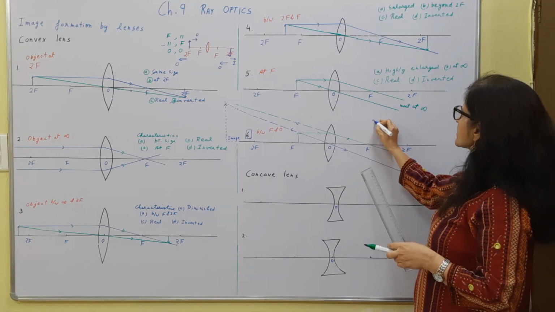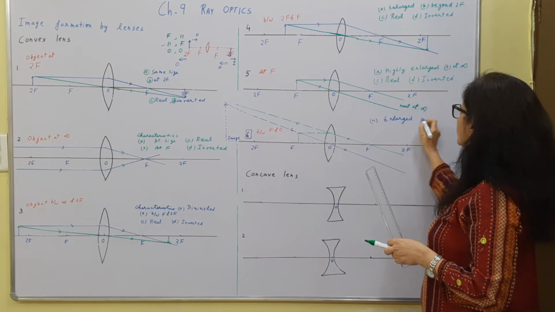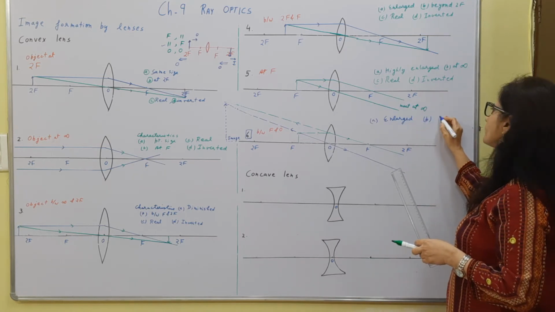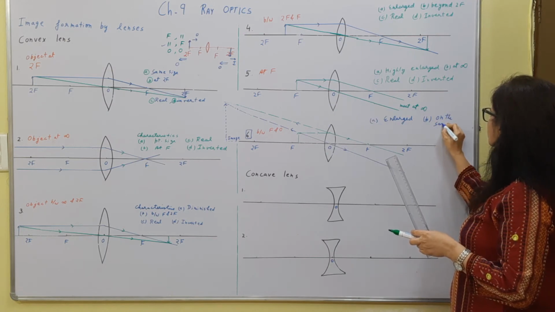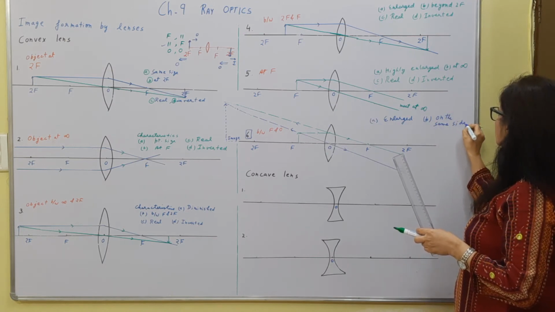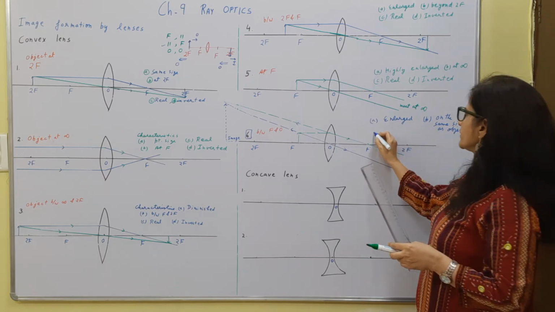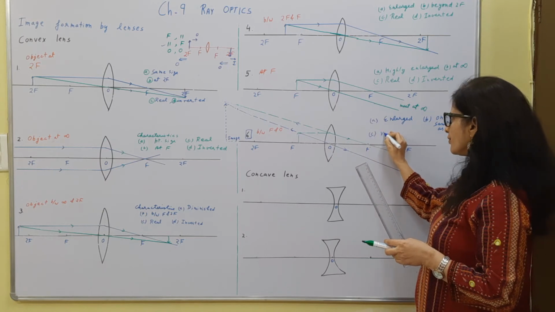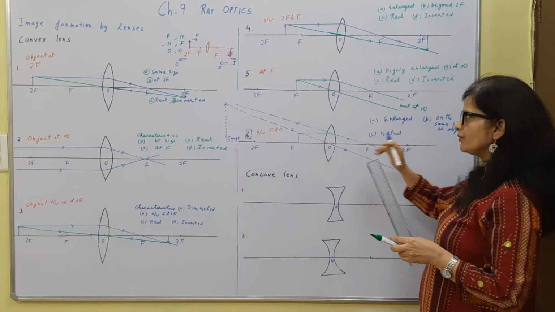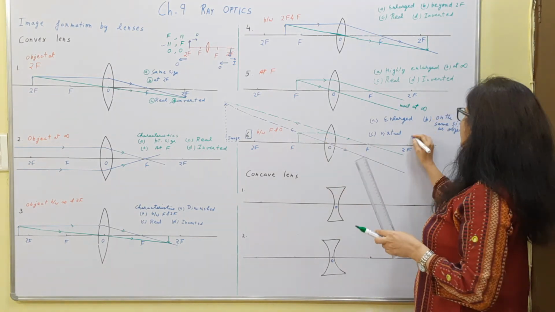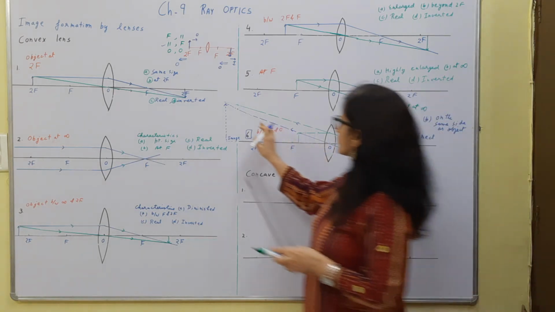So the four characteristics are: enlarged, then on the same side as the object. Third characteristic is virtual, and virtual why? Because we have to extend it here. And the fourth characteristic is erect, right?